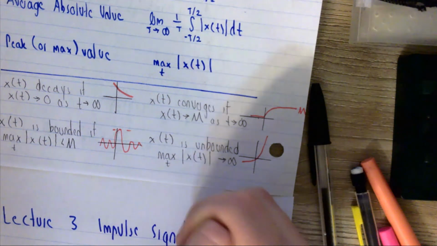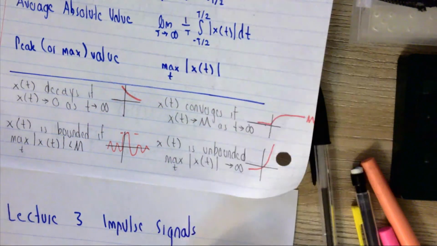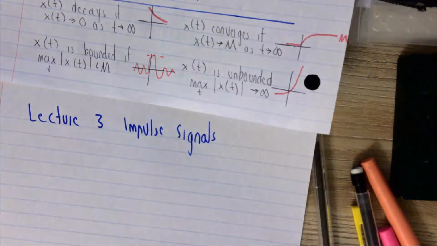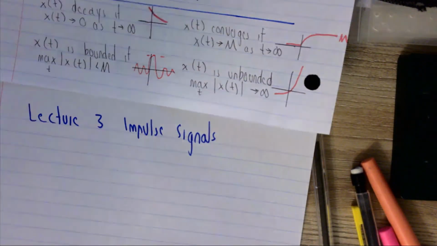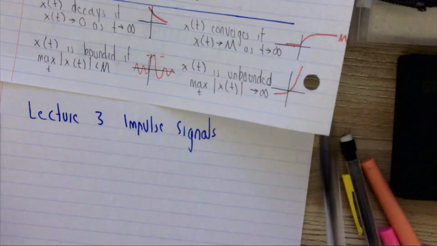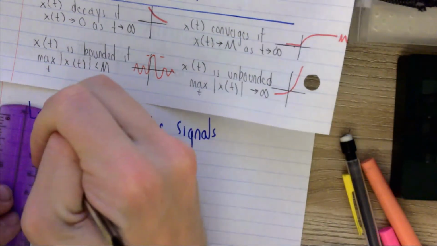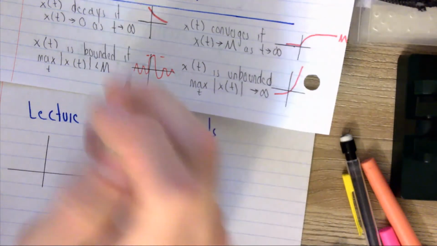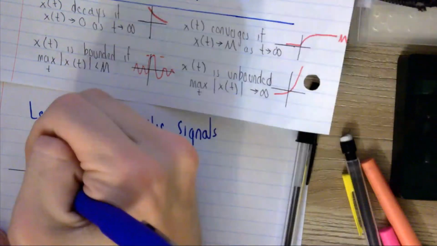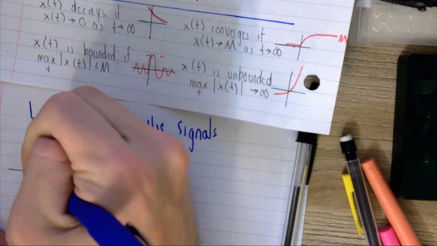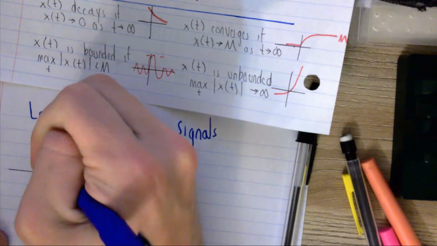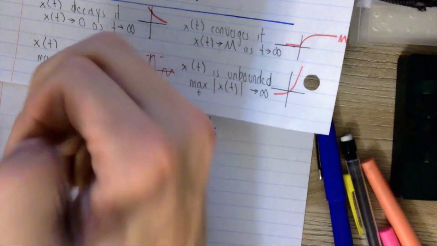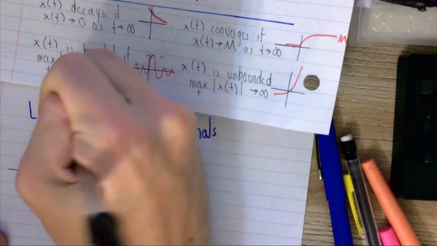So what are impulse signals? An impulse signal is going to look something like this. What you have here is delta t, and this is with time.